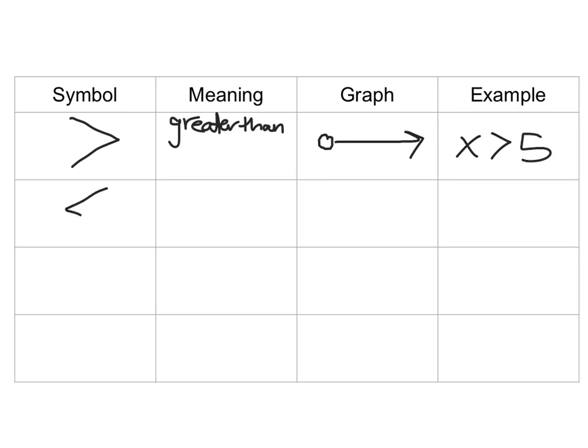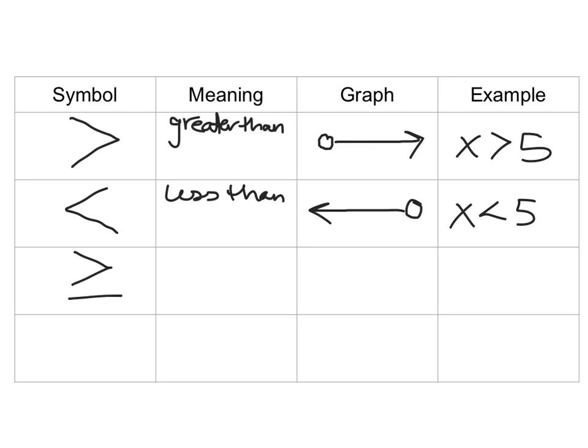And we have less than. So this is going to look the same but going the other direction. Less than, once again an open dot because the number itself is not a possibility. And we're going to say x is less than 5. And we're going to do greater than or equal to.